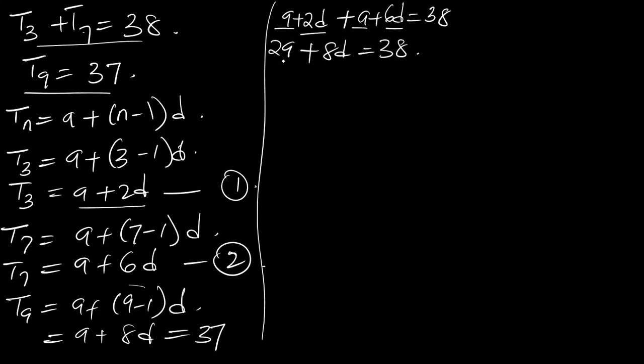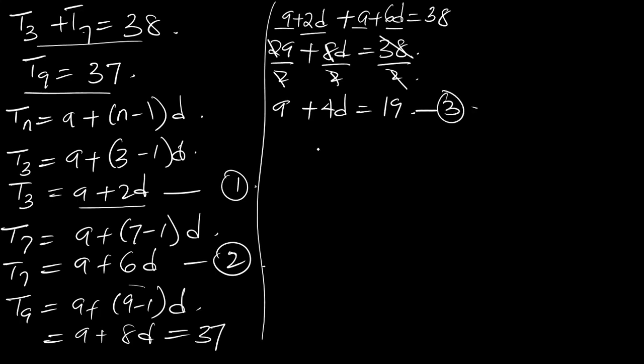So if you divide both sides by 2, this cancels out, you have a, this cancels this, you have 4d equal to 19. So this will be equation 3. This is equation 3.